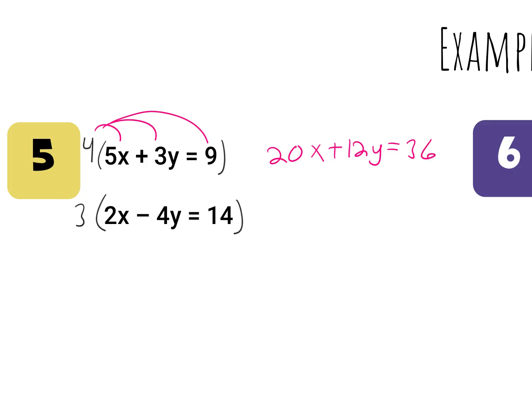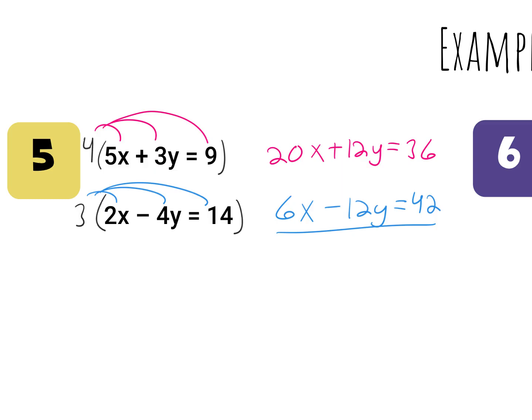And when we do the same thing with the bottom and distribute the 3, we're going to get 6x minus 12y equals, I believe, 42. Do we see how multiplying by those two numbers helped us here? The 4 and the 3 helped us get the exact same number.